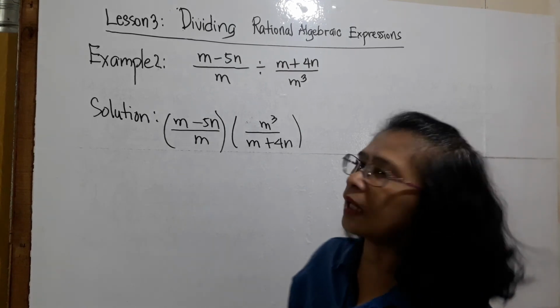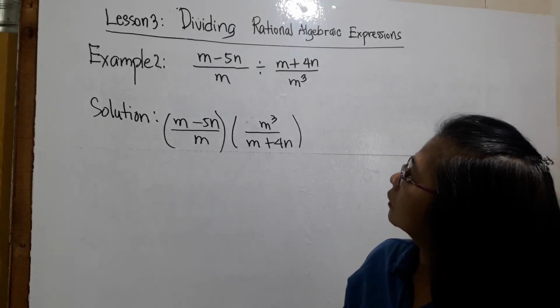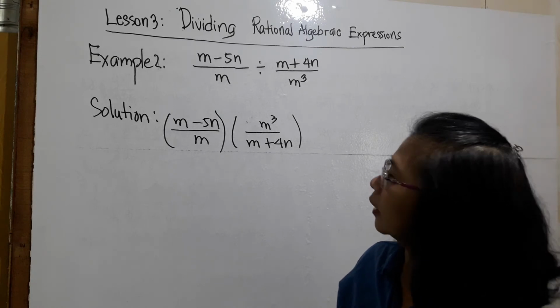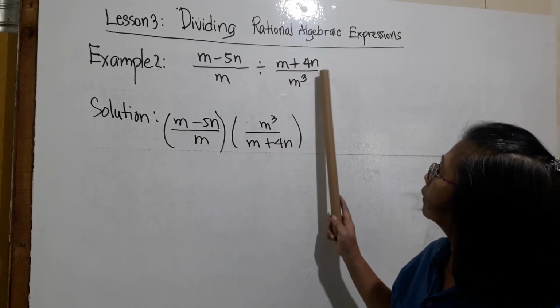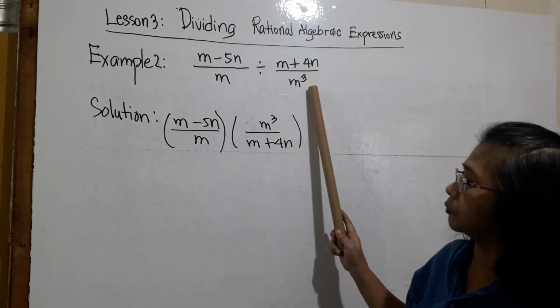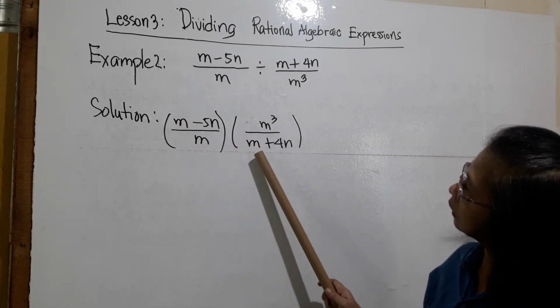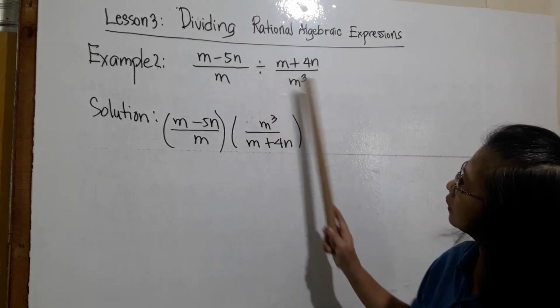Okay, let's have example number 2. For number 2, we have the expression m minus 5n over m divided by m cubed over m plus 4n. In our solution, I already wrote the reciprocal of the divisor.